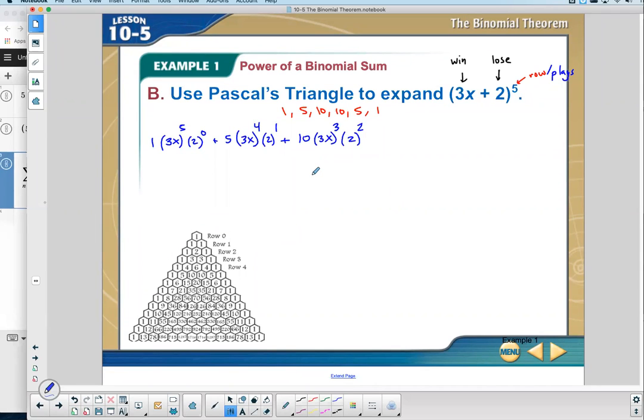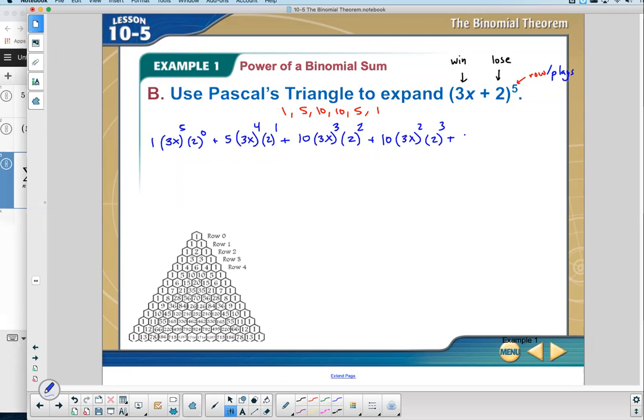That's right. Now I continue on. That was that 10. I got another 10. So this time, if I won 3 there, that means I win twice this time. And instead of losing twice, I'm going to lose 3 times. Again, the power should always equal 5 across, or however many times you play the game.